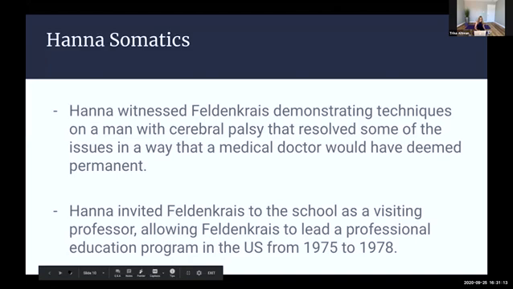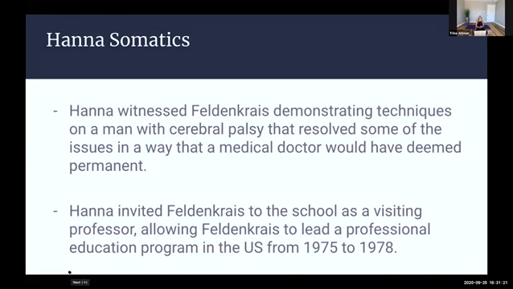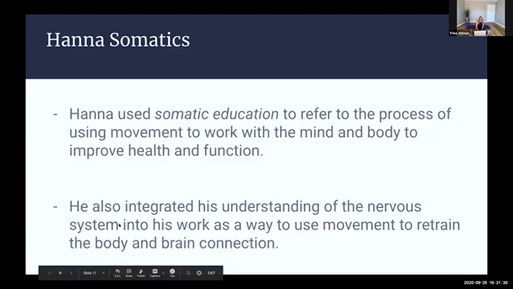So it's interesting, I think, that Feldenkrais keeps meeting these people who discover what he's doing, and then say, okay, you need to teach at this school, whether it's a martial arts school or a university, and share what you're doing. So Thomas Hanna used somatic education to refer to the process of using movement to work with the mind and the body to improve health and function. And I think that's really important here.